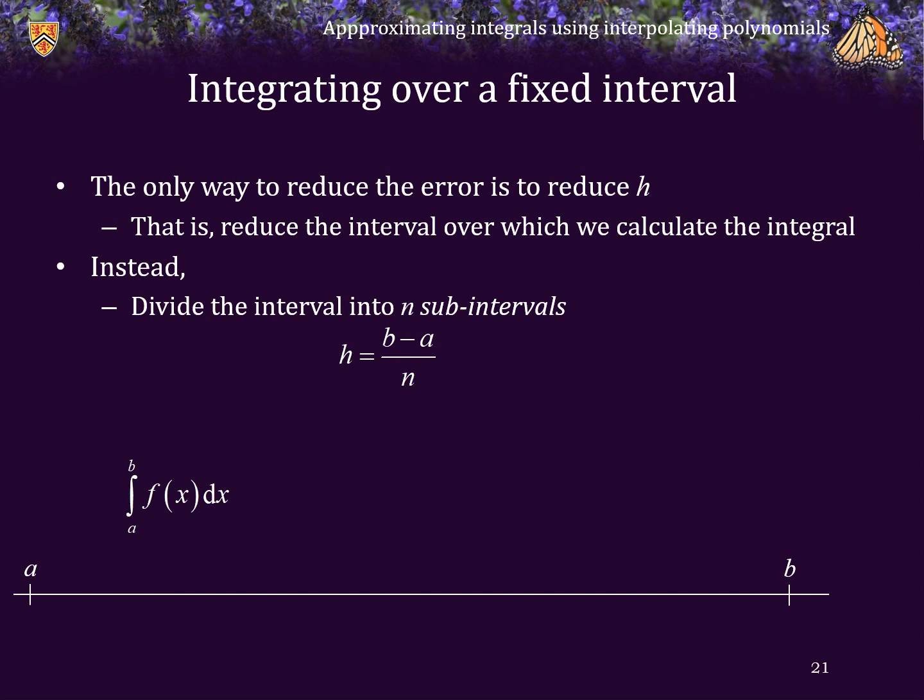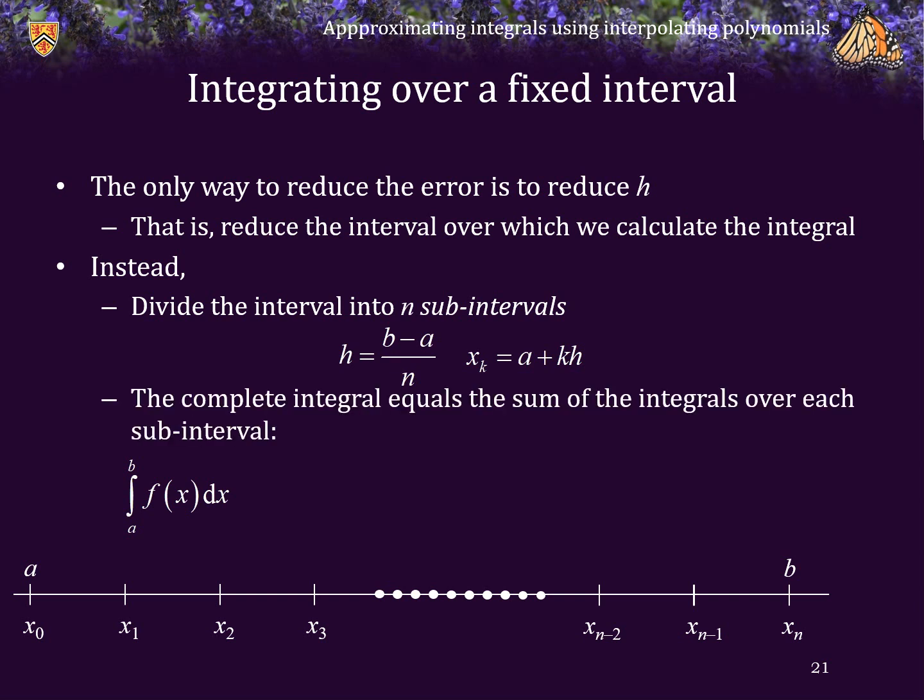So we'll pick a positive integer n, and h will be (b minus a) over n. We will then define x sub k to be the left-hand endpoint a plus k times h. Now, each of these values is equally spaced.